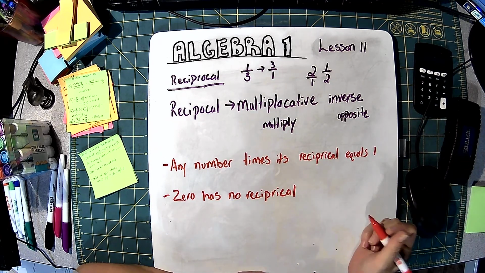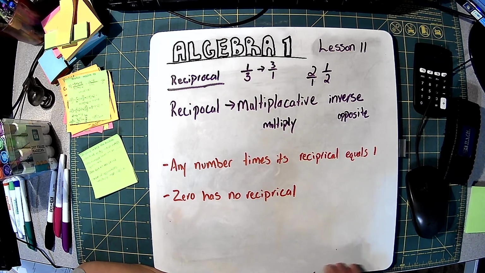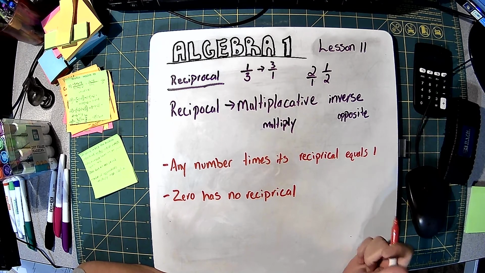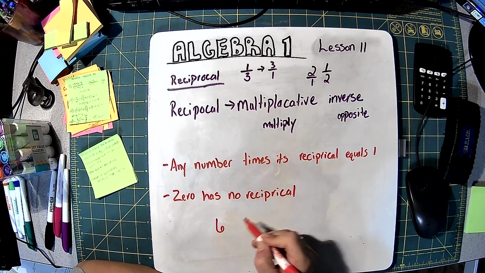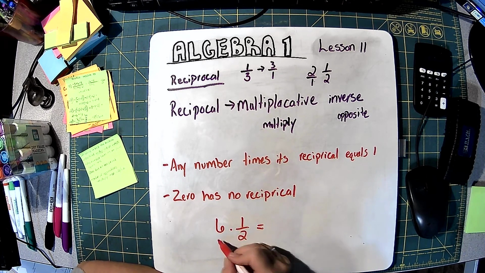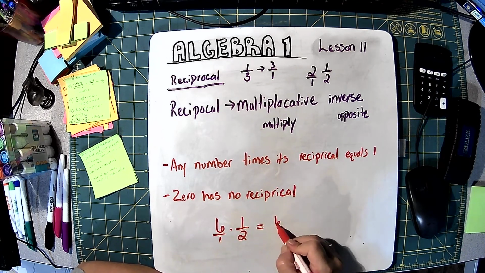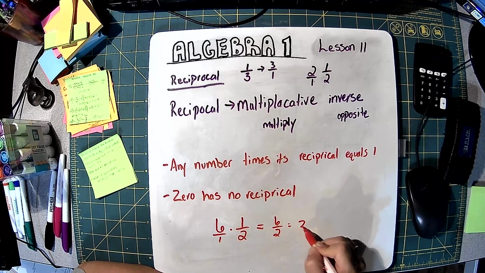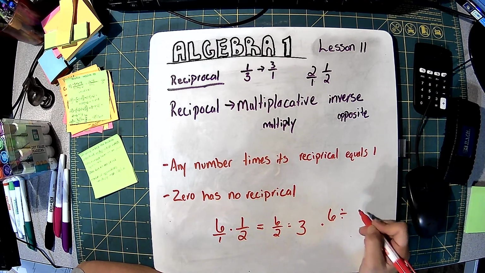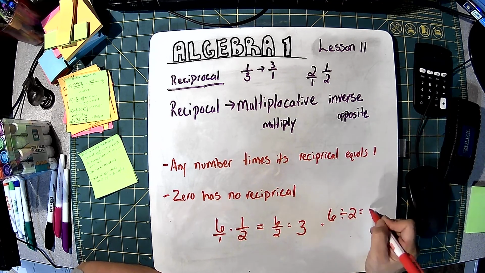So, I want you guys to understand that multiplying something times 1/2 is really the same thing as saying divided by 2. 6 times 1/2 would be 6/2, which is 3. 6 divided by 2 is the same thing as 3.